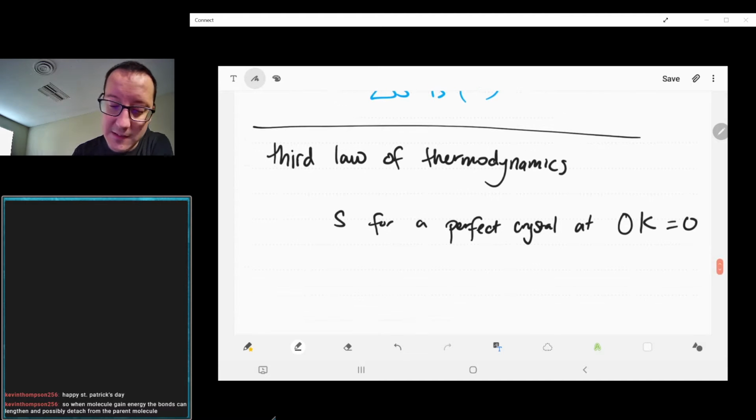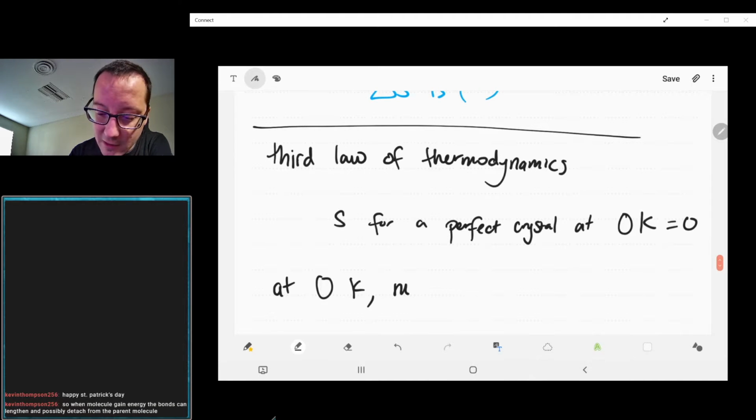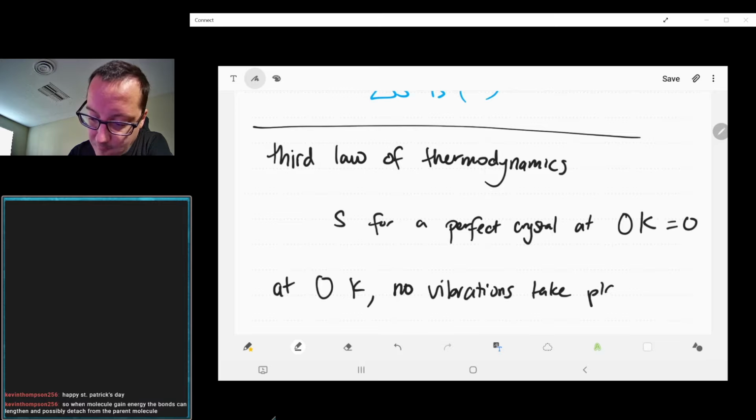So remember, at 0 Kelvin, we do not have vibrations anymore. That's how we define absolute zero, where there is so little energy that molecules can no longer even vibrate. So they can no longer stretch their bonds or just buzz around in place or whatever.